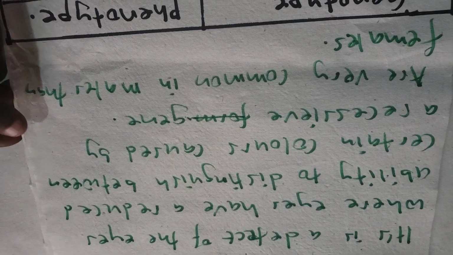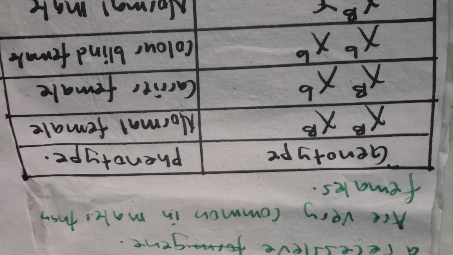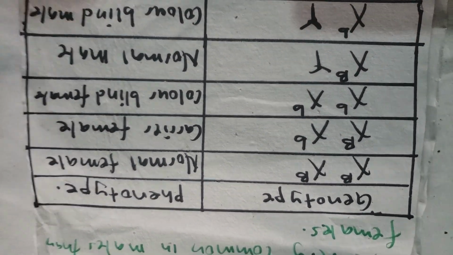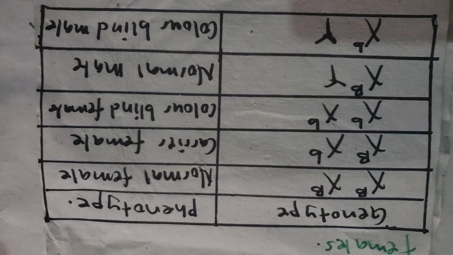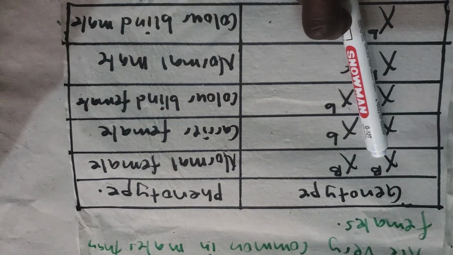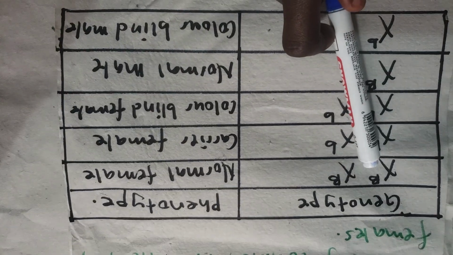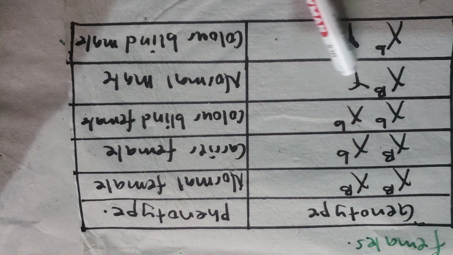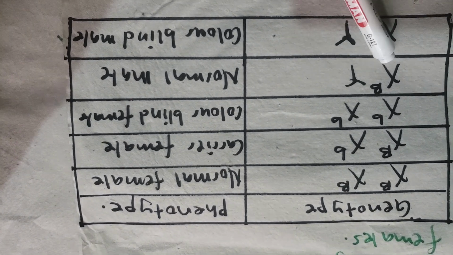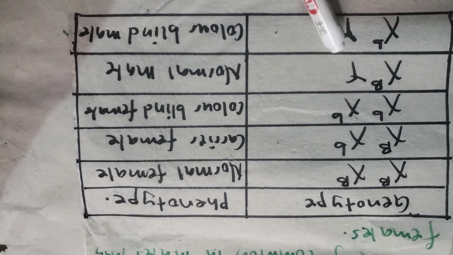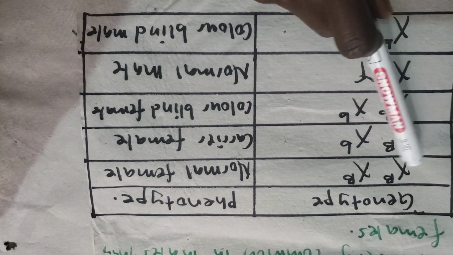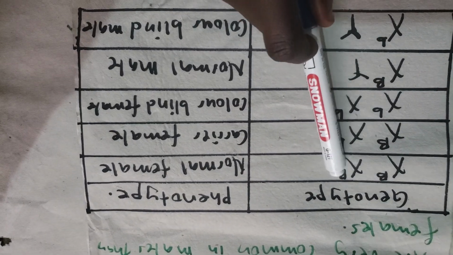Let's proceed. So let's look at the genotype and the phenotypes. When we talk about the genotypes, for example, as we can see there, we are saying that this condition is more common in males than in females. So when we look here, a male has got one X chromosome and one Y chromosome, while a female has two X chromosomes.